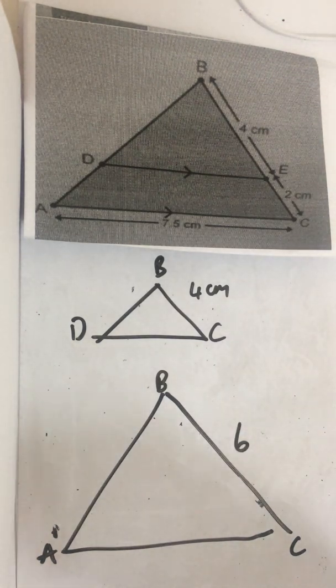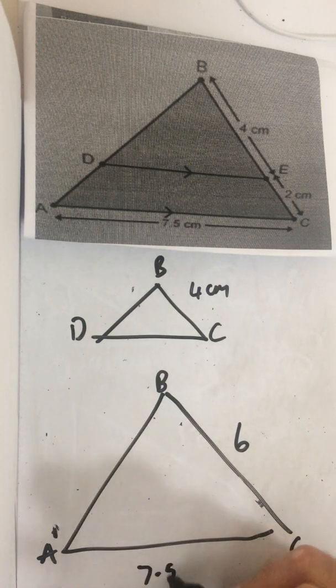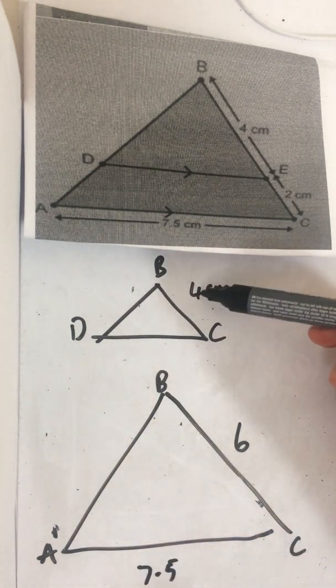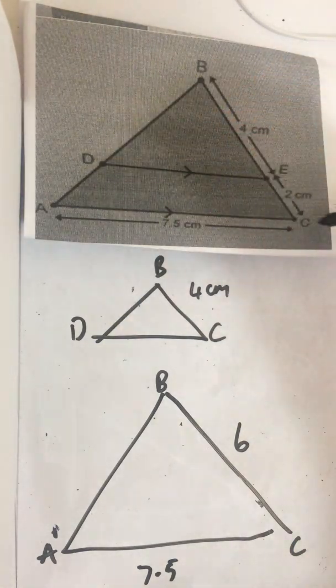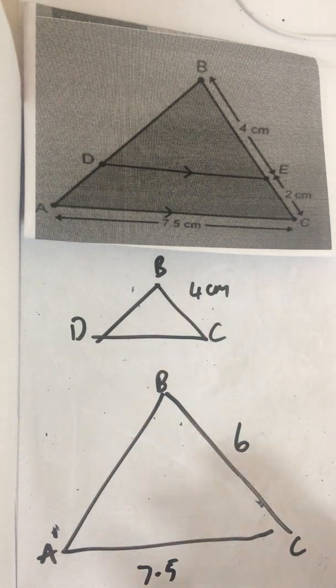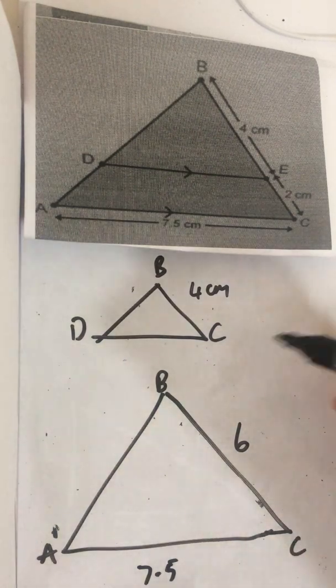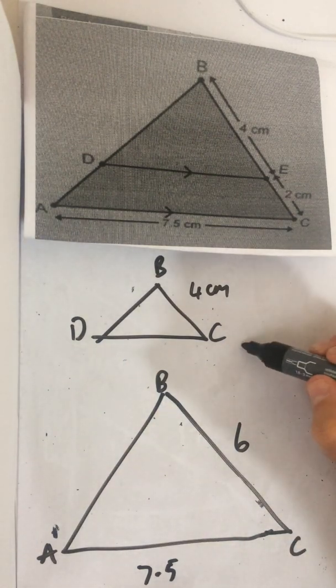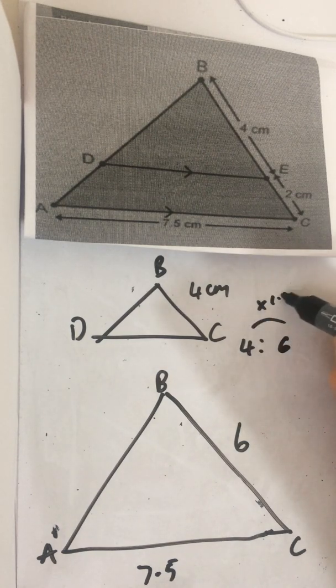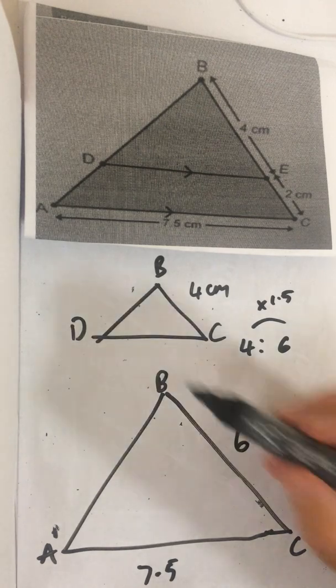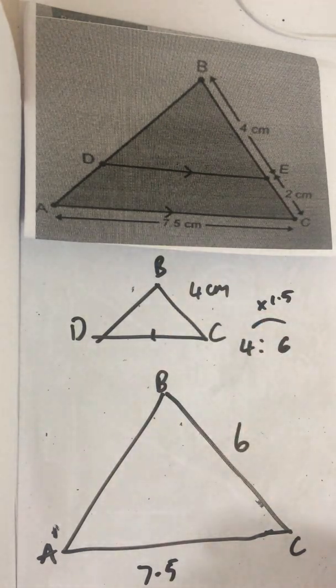And we've got here, we know this is 7.5. So we can see from the small triangle to our big triangle, the ratio is going from 4 to 6. So we're timesing by 1.5, aren't we? Timesing by 1.5.